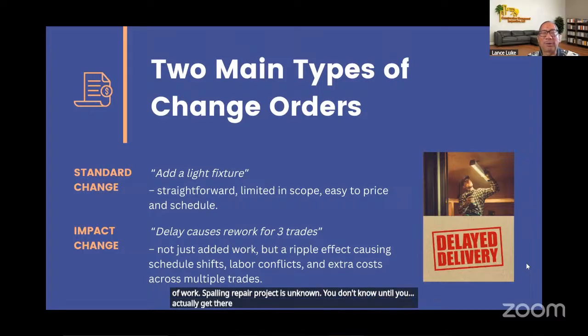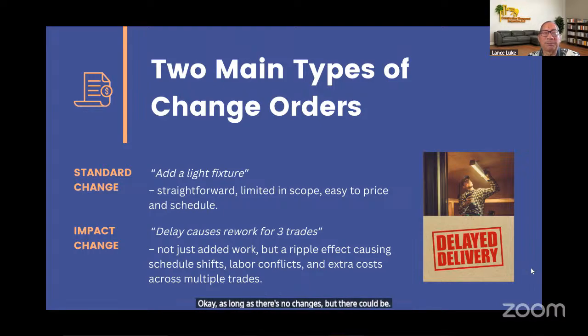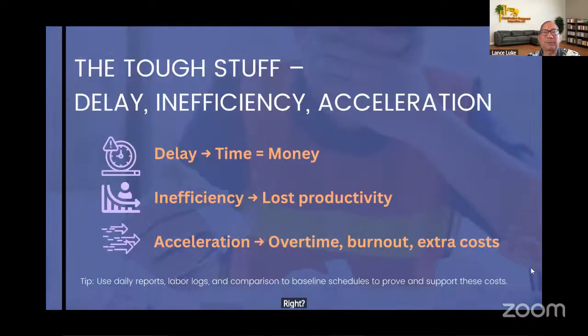If you're doing a renovation of a house, an addition, or building a new house, it's pretty easy for the contractor to figure out what the cost is, as long as there are no changes, but there could be. The tough stuff is delay, inefficiency, and acceleration. Like the light fixture example I mentioned, a delay costs time and it costs money.